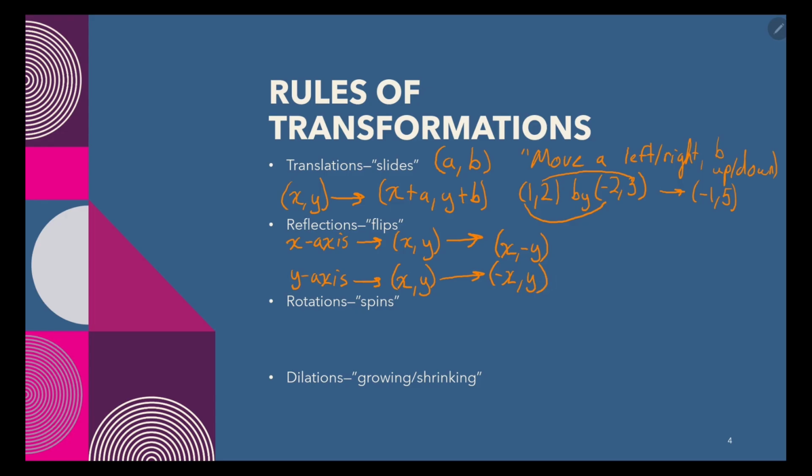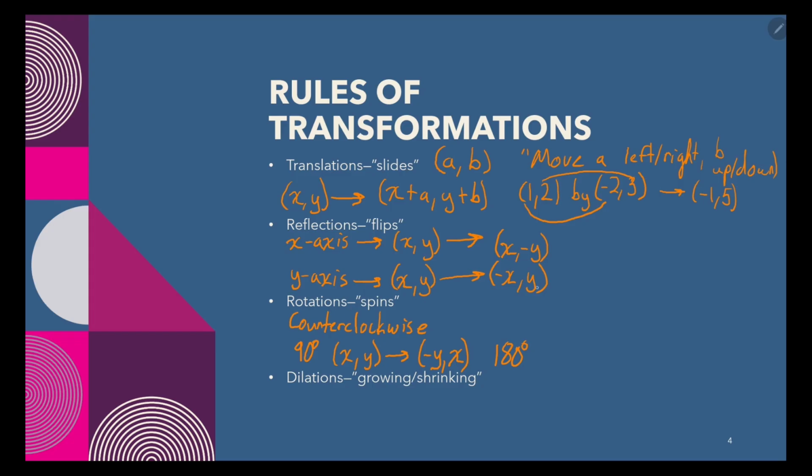Now, for rotations, we talked a lot about counterclockwise rotations in multiples of 90 degrees. So for counterclockwise rotations of 90 degrees, we found that (x, y) turns into (-y, x). Hopefully you saw that pattern playing around in the exploration activity.